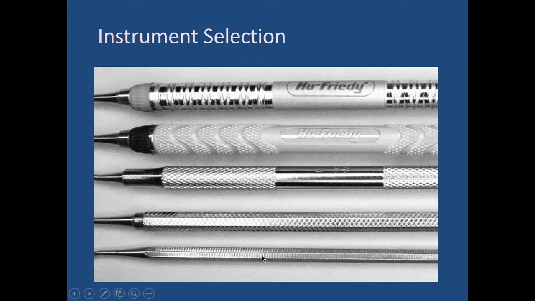Also, the price is different. Which one of these is more easily applied and more comfortable in my hand? Unfortunately, this or this. This is the difference in the price also.